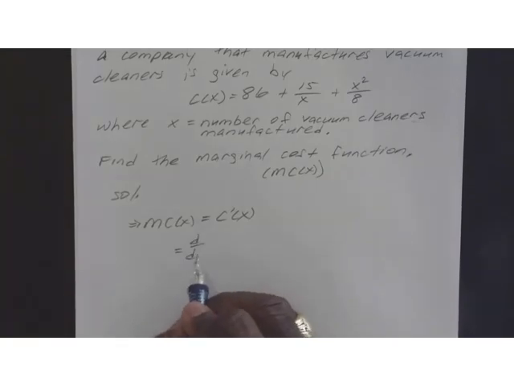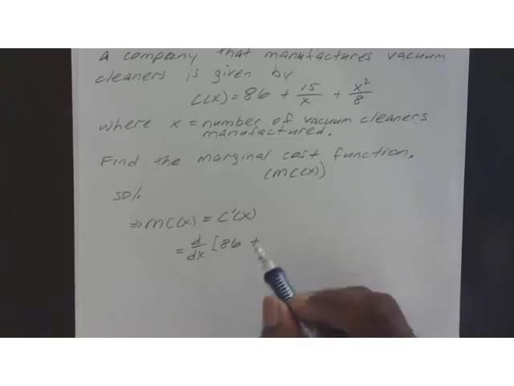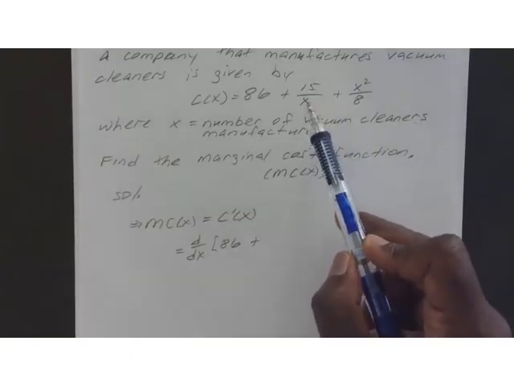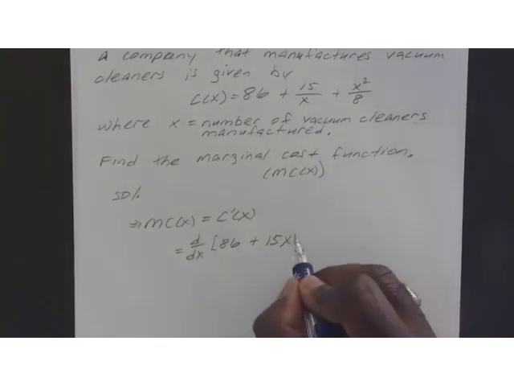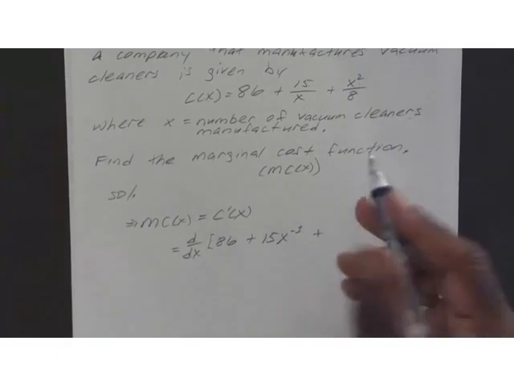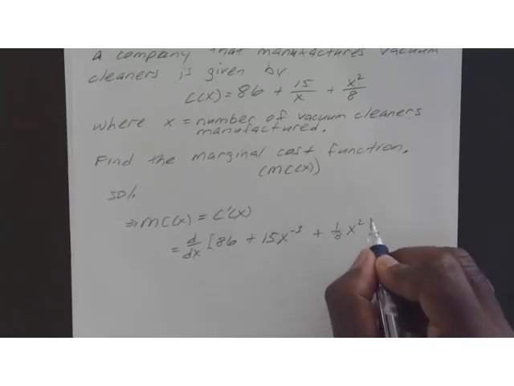So that's just the derivative of 86 plus, and instead of 15 divided by X, we're going to rewrite that to 15 times X to the negative 1 power, just so we can apply the power rule. Plus X squared divided by 8, we're just going to make that 1/8 X squared.